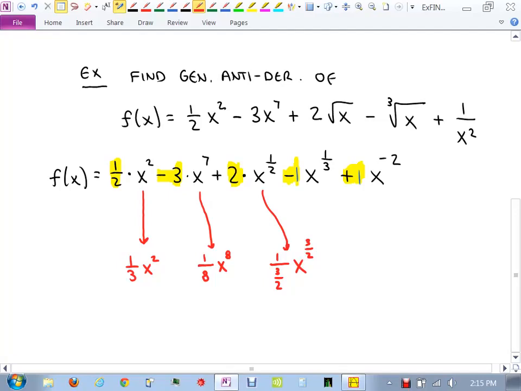That's 1 over n plus 1, x to the n plus 1. What's this one? What's 1/3 plus 1? 4/3? 1/3 plus 1 is 4/3? Yes.